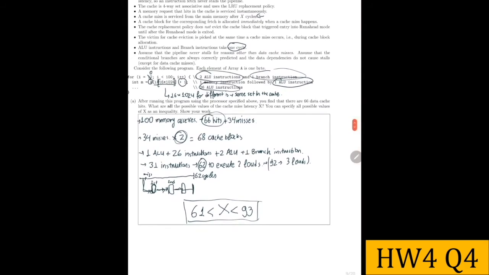And in the case we have 93 cycles, then Runahead will have 3 loads, and the number of hits will be different.